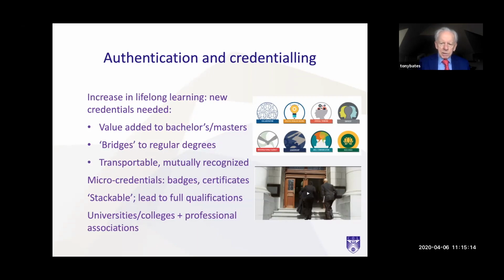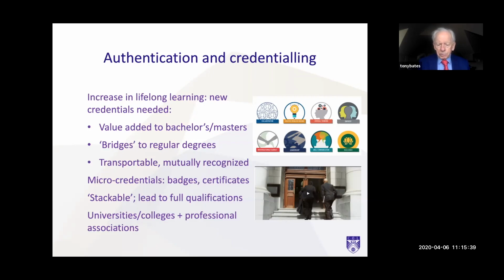And there are various ways that this is being done, called microcredentials, a badge for maybe a specific module of work. You may do a 1-month course, say, on project management for business, and you get a badge for that. But if you did, say, 3 or 4 of those badges, they might build up to a certificate.